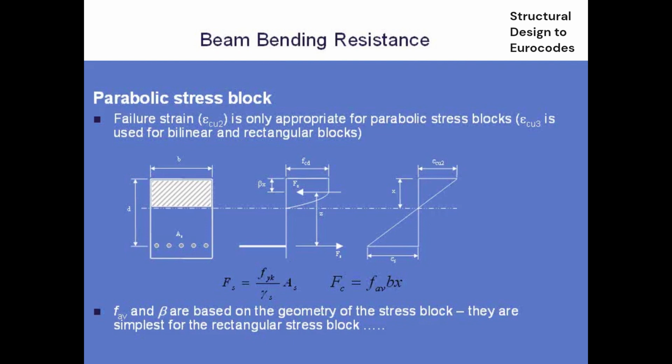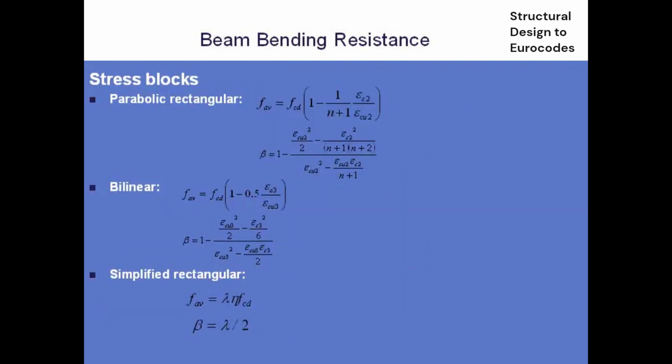And fab is a function of the different stress blocks that we have. In the notes there is a horrible formula for what fab is for a rectangle parabola block, a bilinear block, and a simplified rectangular block. These can be used to work out your flexural design.